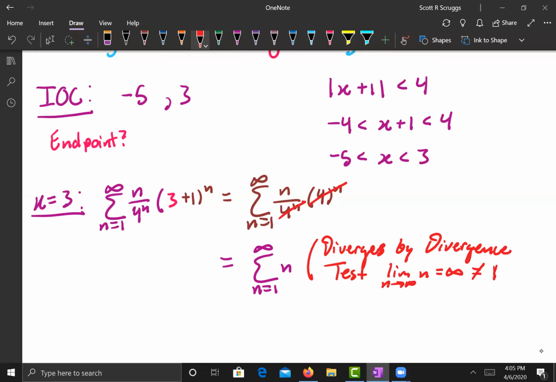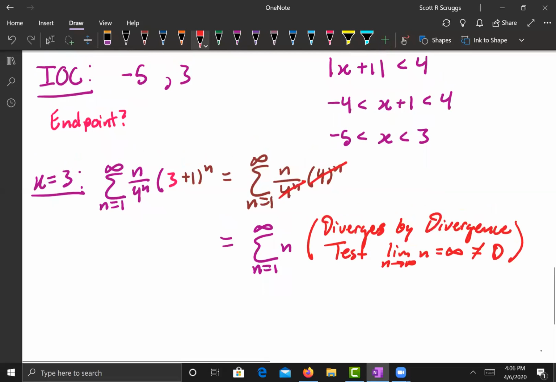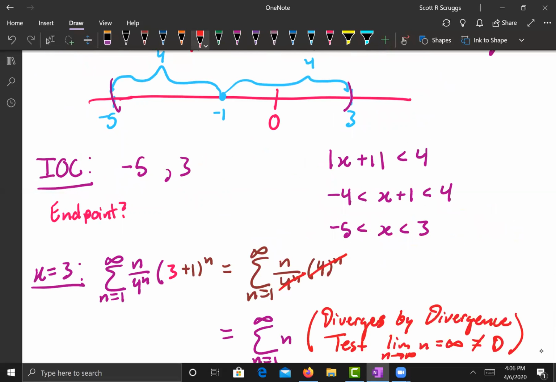That definitely ain't 0. So that means by divergence test, that guy is not 0, which means I do not include the right endpoint. So that means I have an open interval at 3.